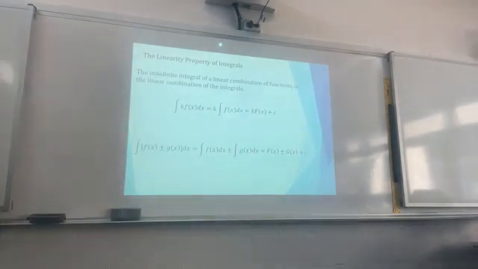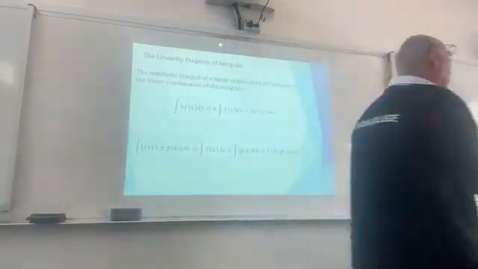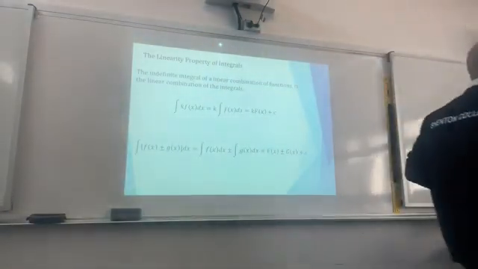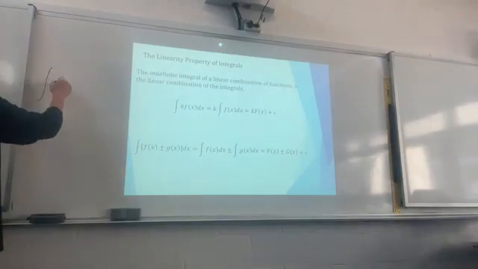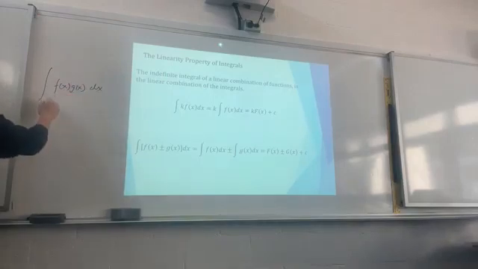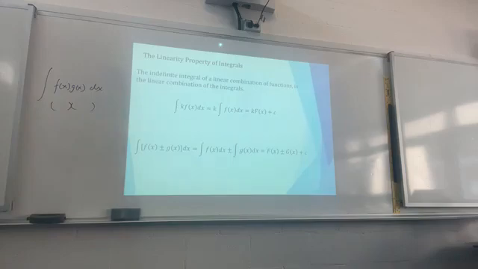Now, in this case, if you've got the integral of f(x) times g(x) dx, you cannot do it the same way. At this stage, you've got to expand it first. We haven't gone into the other way of doing it.